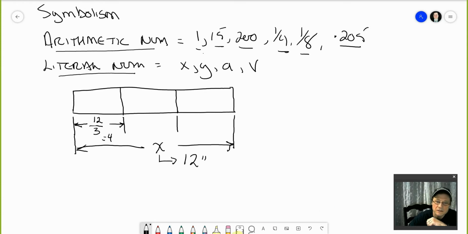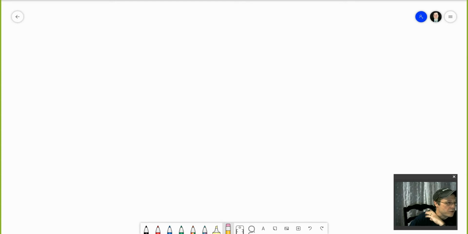Let me just give you another example of how we would use these literal numbers and arithmetic numbers. This is the example I gave you in our handout.